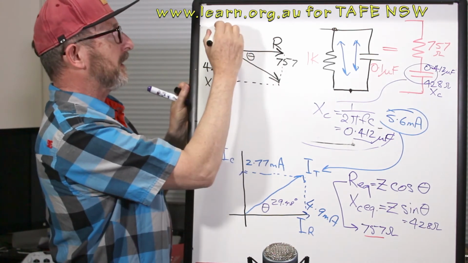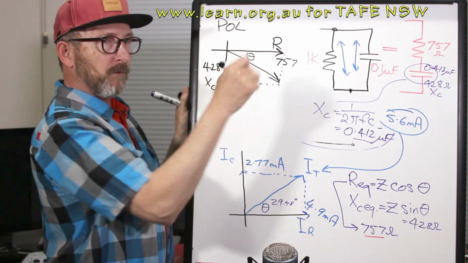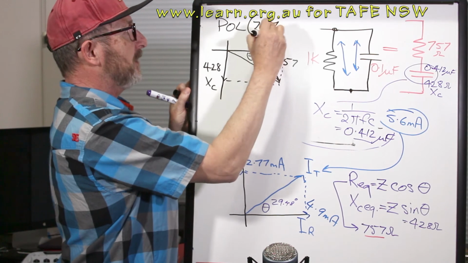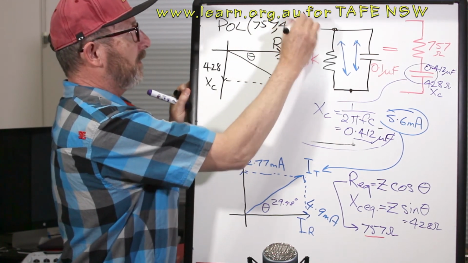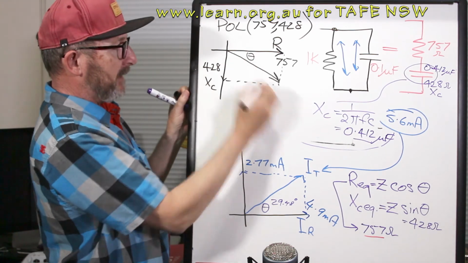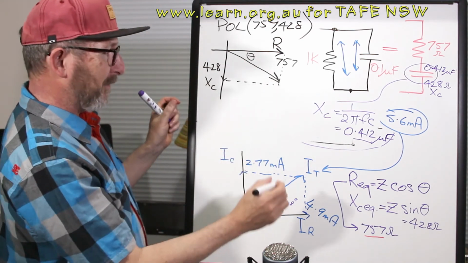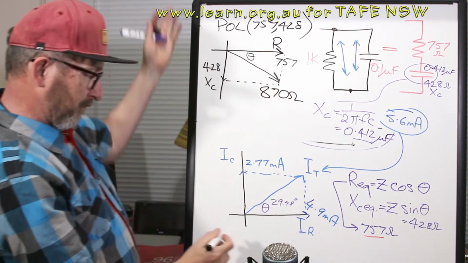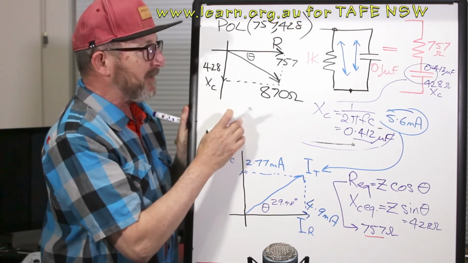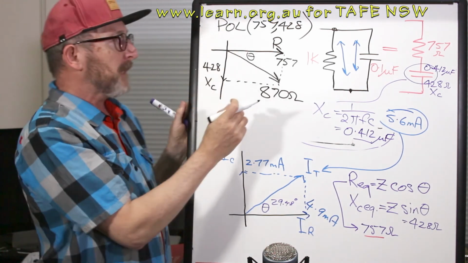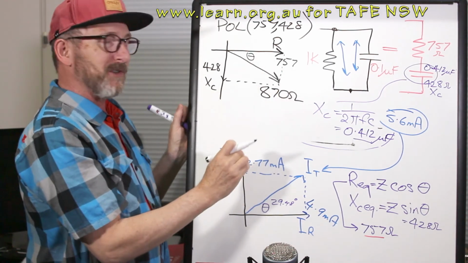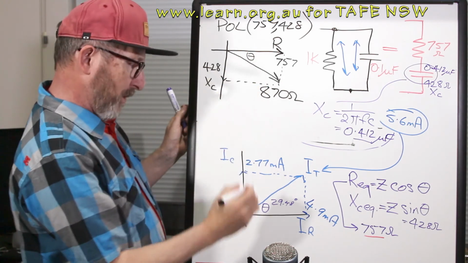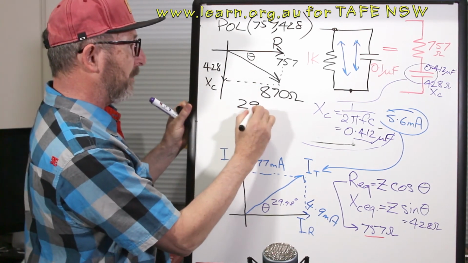If we plug this into the calculator and we go rectangular to polar, so always R first, 757, 428, we'll come up with the impedance, which works out to be, happily enough, 870 ohms, which I'd rubbed off the board. We had that 870 before that we worked out with Ohm's law. This also works back to 870 ohms, absolutely amazing, and the phase angle works out to be 29.48 degrees.